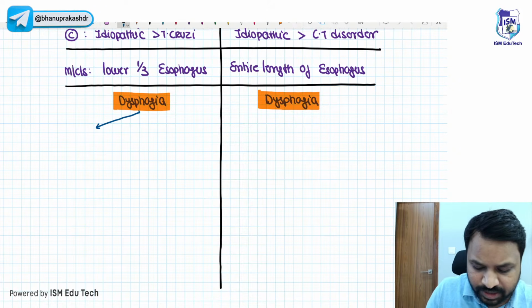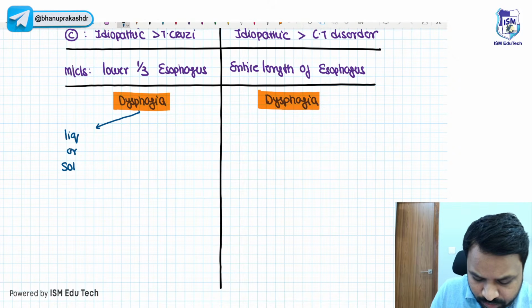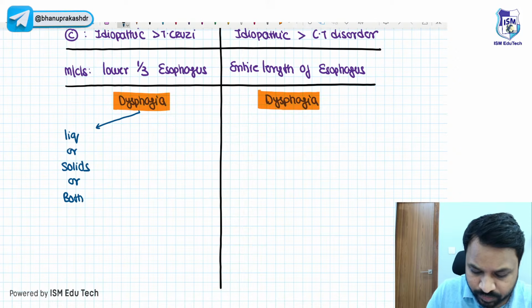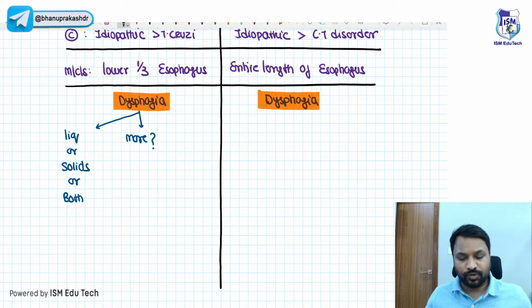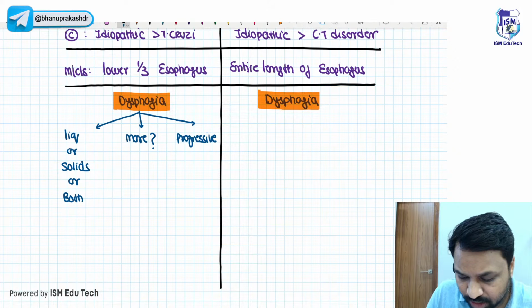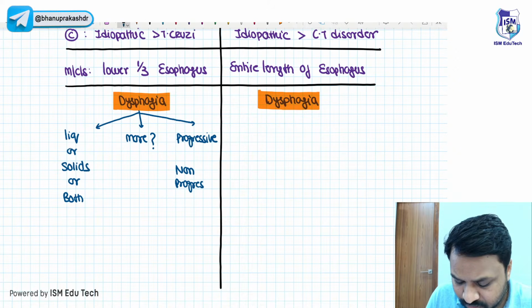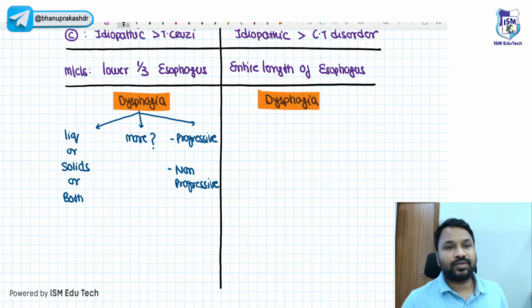Question 1, is the dysphagia for liquids, or for solids, or for both? Question 2, is dysphagia more for liquids or more for solids? Third important question, is it a progressive or a non-progressive dysphagia?